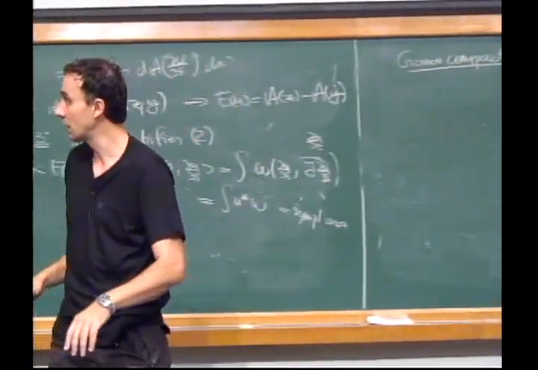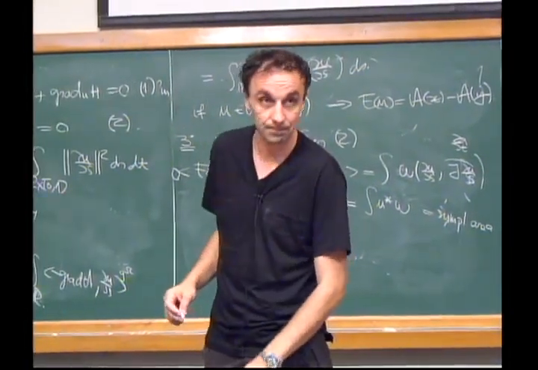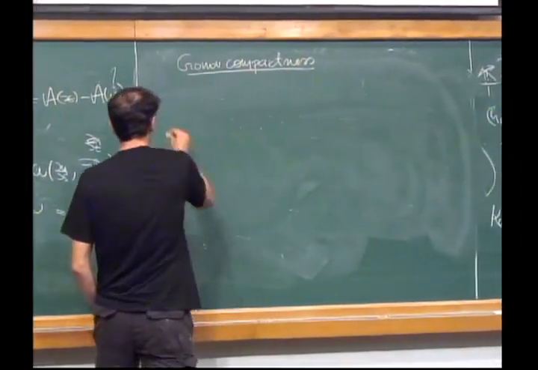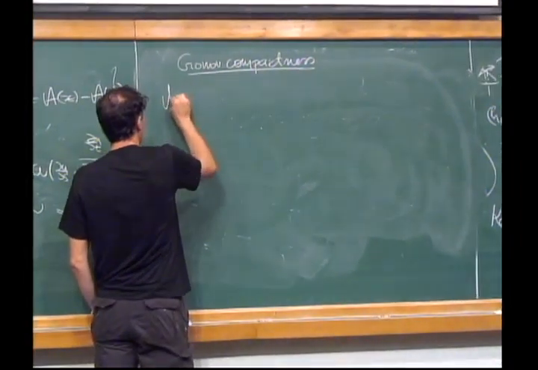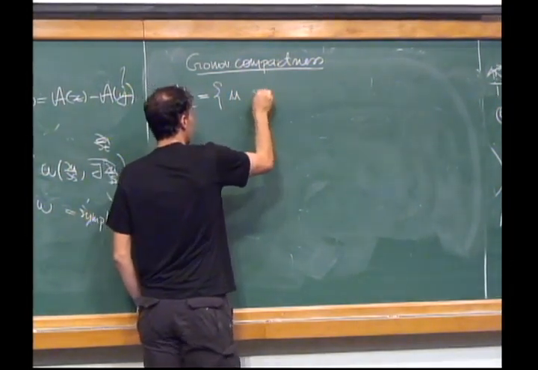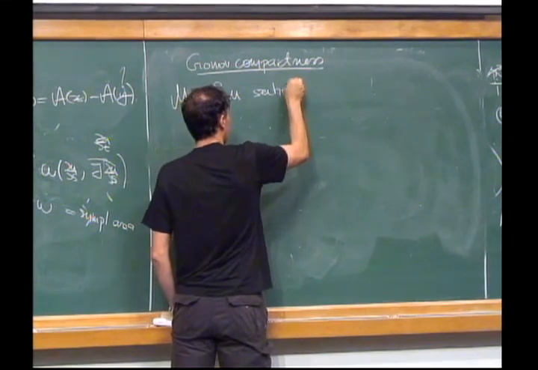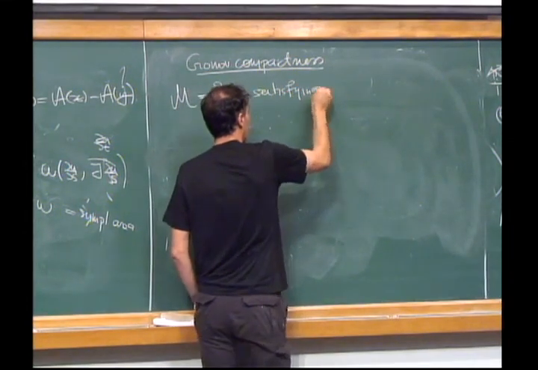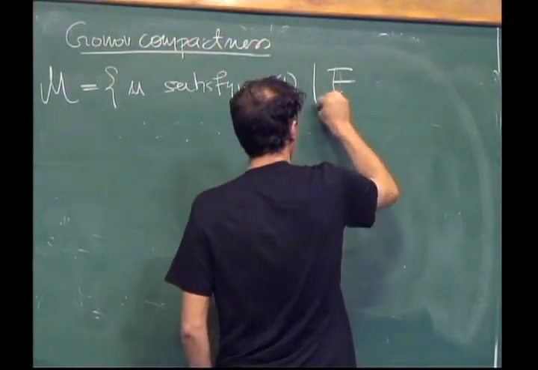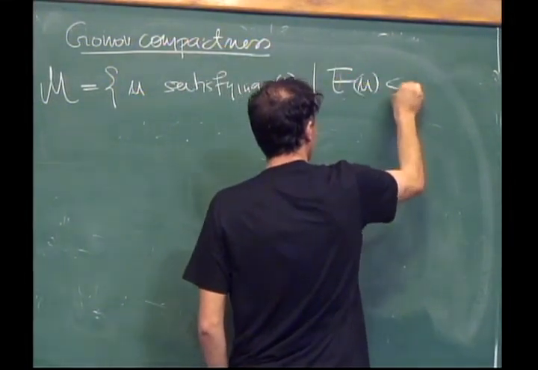Now what about Gromov compactness? Define M, the space of solutions of the first equation, the Floer equation, with finite energy.